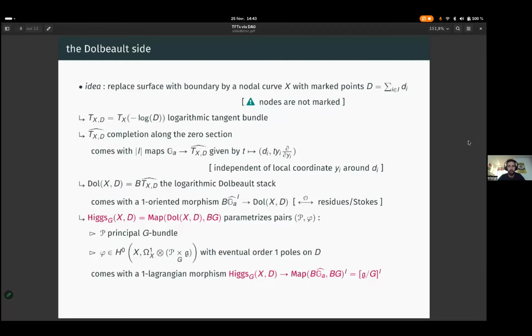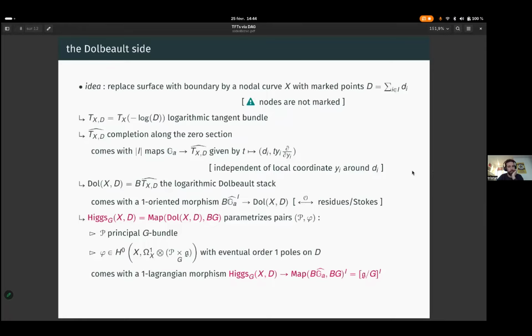I'm just going to use this pretty classical logarithmic tangent bundle that can be completed along the zero section, just completion using the addition. It comes with one map for each marked point, given by these coordinates above each of the marked points.